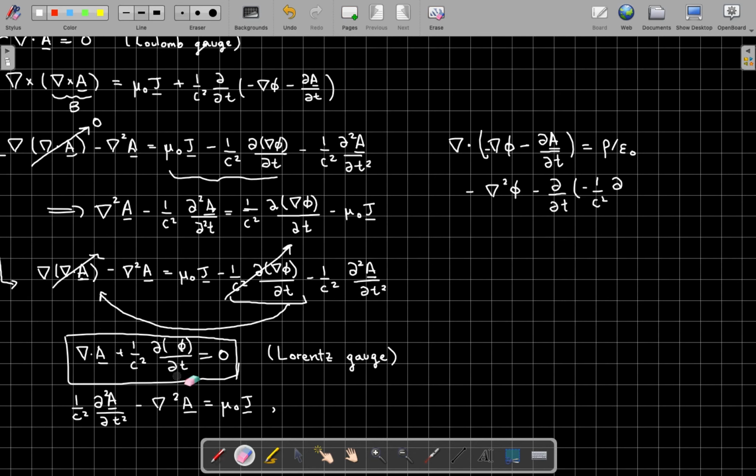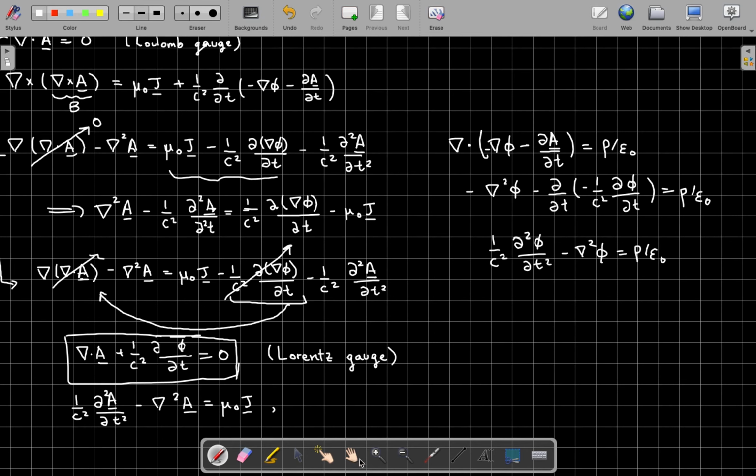Here I should not have a gradient there because it gets sucked into this gradient here. So it's just the derivative of phi with respect to time. Okay? And so I got that 1 over c squared derivative with respect to time squared of phi minus Laplacian of phi is equal to rho over epsilon 0.